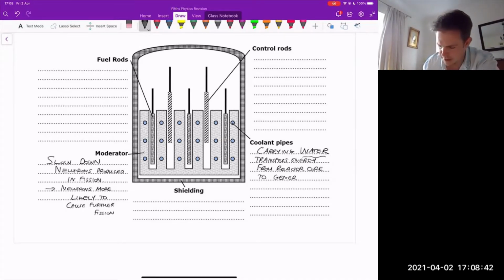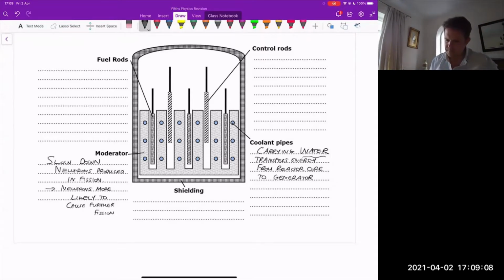Because usually, in fact always, in a power station, whether it's coal, oil, gas, nuclear, ultimately to generate electricity, you have to make a magnet spin near a coil or vice versa. So ultimately you use the coolant to drive a turbine, which then makes the generator spin. So that's what the coolant does.